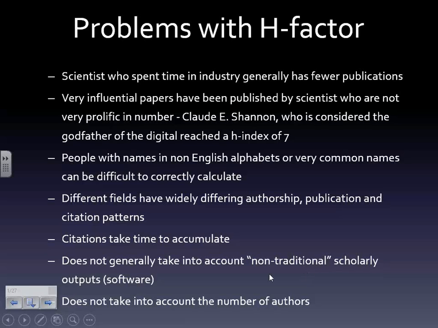And different fields have widely different authorship, publication, and citation patterns. You think of medical research, highly cited, versus things like species description. Only people working on that specific animal or plant will actually cite your work. Citations take time to accumulate, and it does not generally take into account non-traditional scholarly output like software.